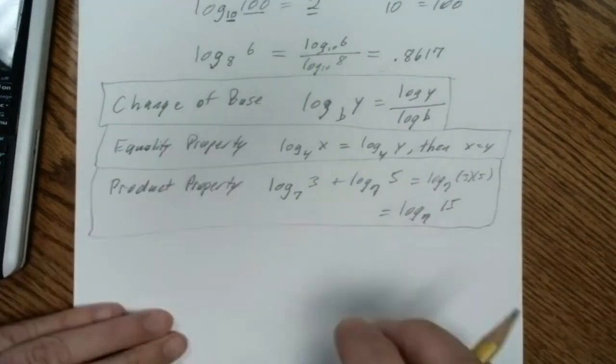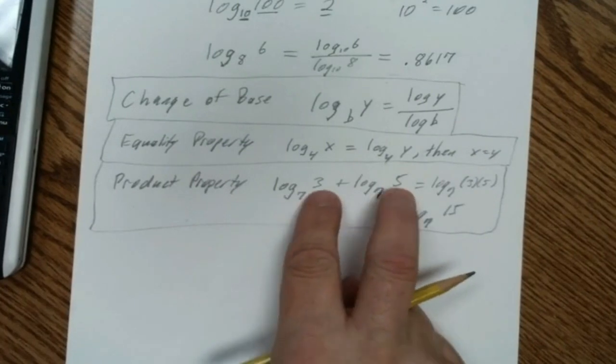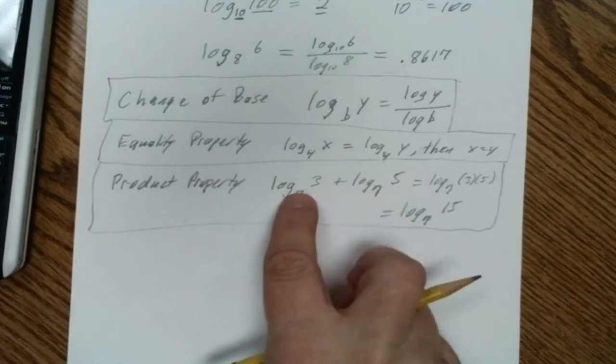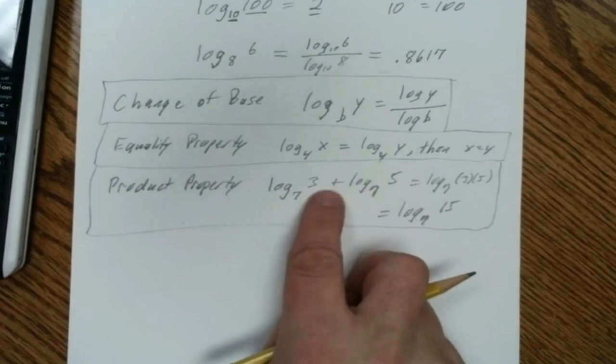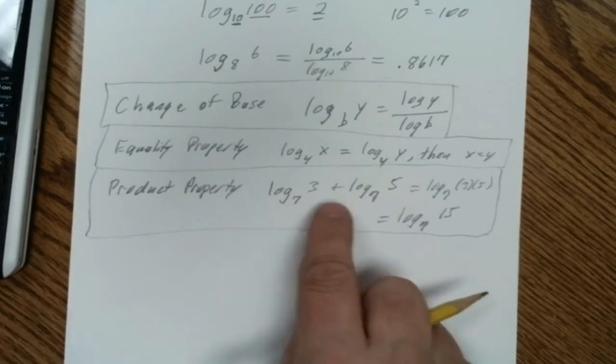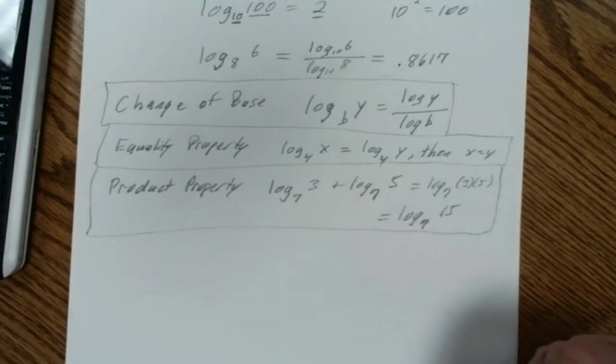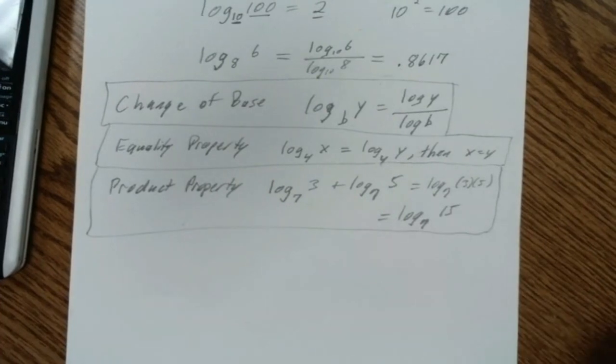So that's what the product property says. If I'm having these two logs with the same base, whatever their arguments are, instead of having to calculate those separately and add them together, we can just multiply the arguments and say, well, this is the same as log 7 of 15 because 3 times 5 is 15. So that is our product property.